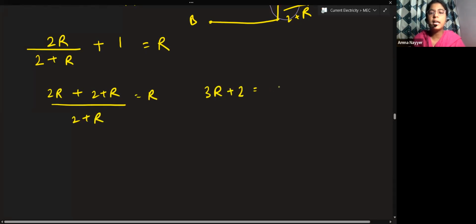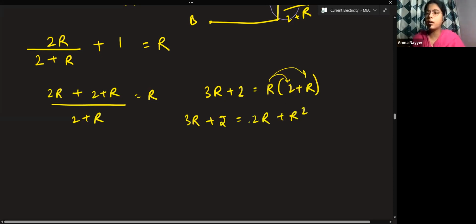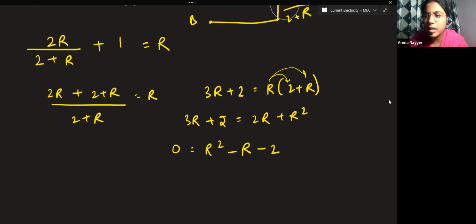And just multiply capital R with 2 plus R. So 3R plus 2 is equal to, if you open the brackets, 2R plus R square. Bring everything to the right hand side. So 0 will be equal to R square, R minus 3R becomes minus R, and plus 2 when it comes to the right hand side becomes minus 2. So you have an equation with you now.